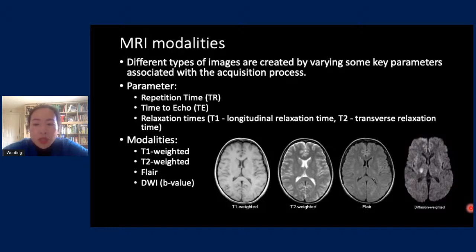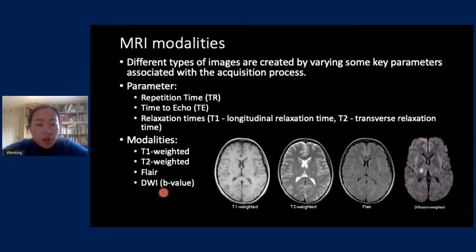The last one that I'm going to introduce is the diffusion weighted imaging. The diffusion weighted imaging is designed to detect the random movement of water protons. As water movement becomes restricted intracellularly, this results in an extremely bright signal on DWI. So DWI is an extremely sensitive method for detecting acute stroke, which is the application we are going to talk about in our research.